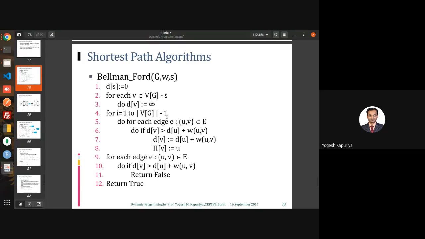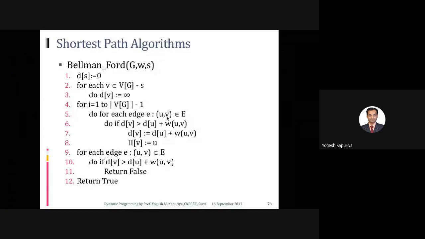So now if we see the algorithm, initially you have been given a graph G, then you have the weight function W, and then you have the source vertex S. Initially, the source vertex distance is obviously 0, and for every other vertex the distance is infinity.